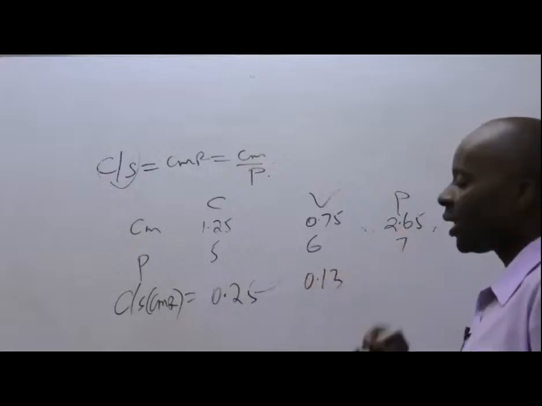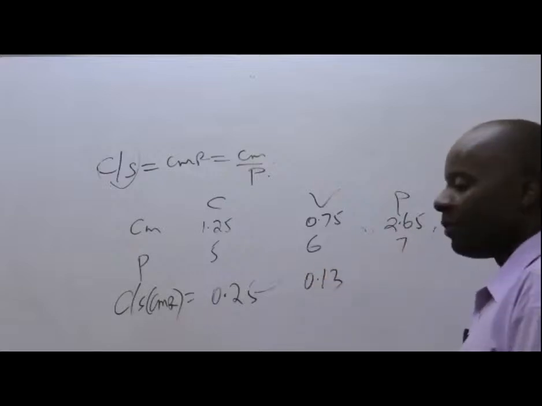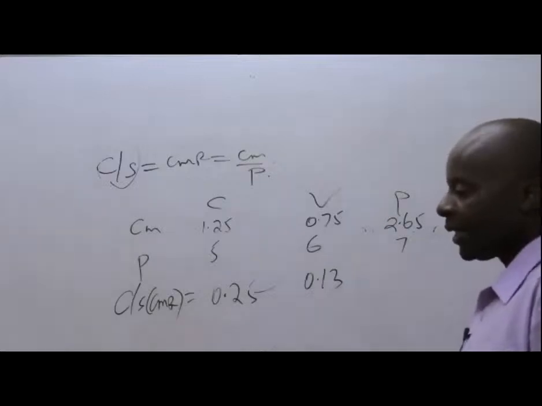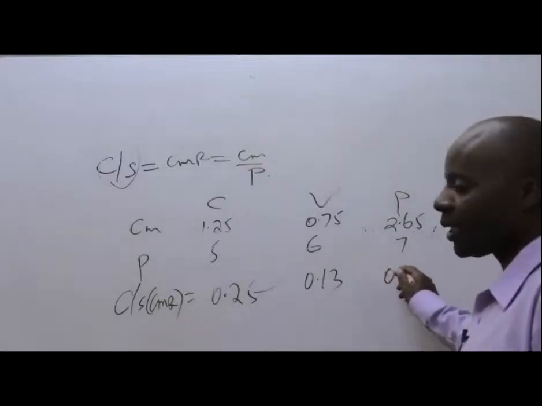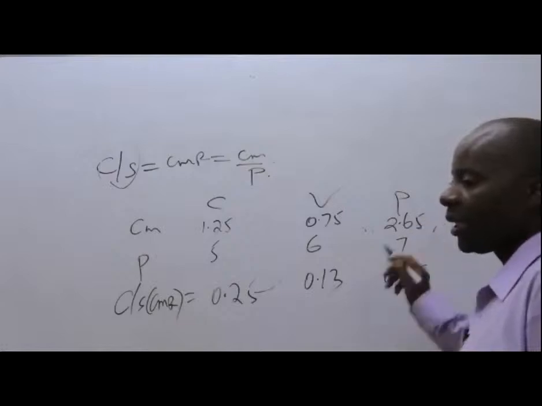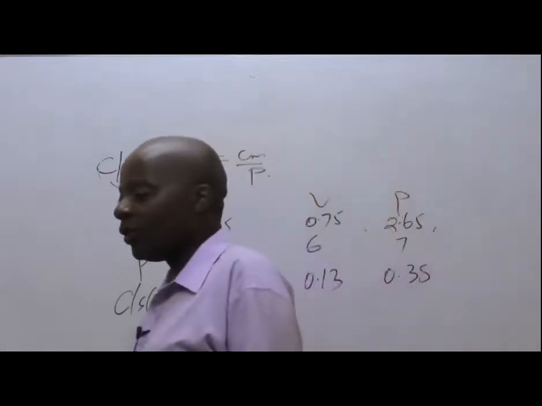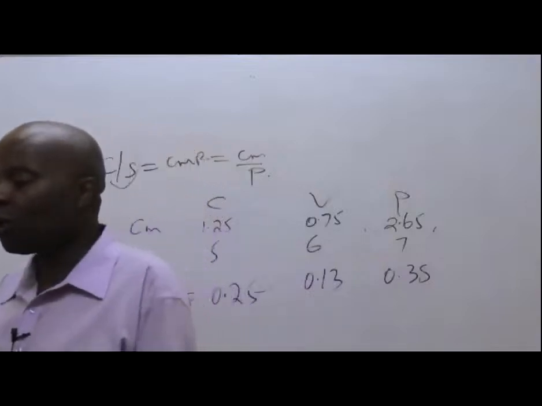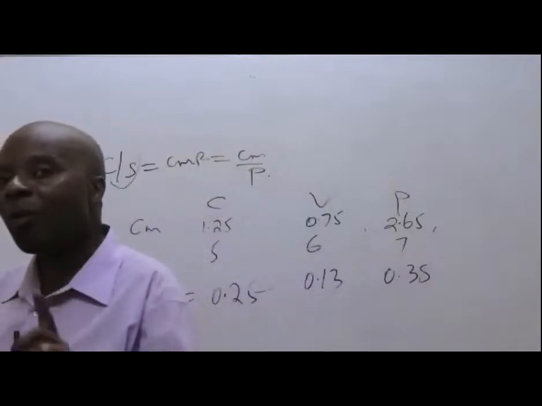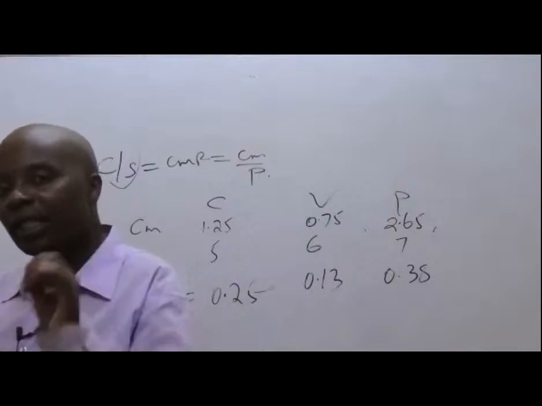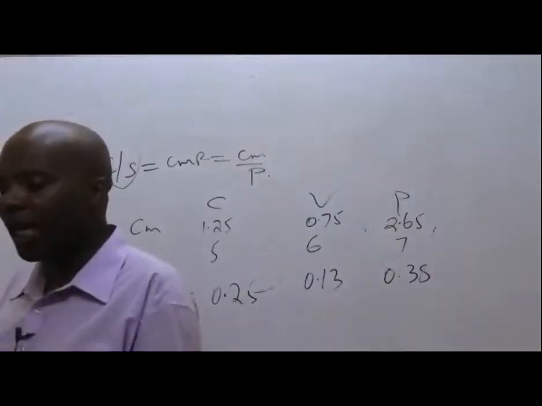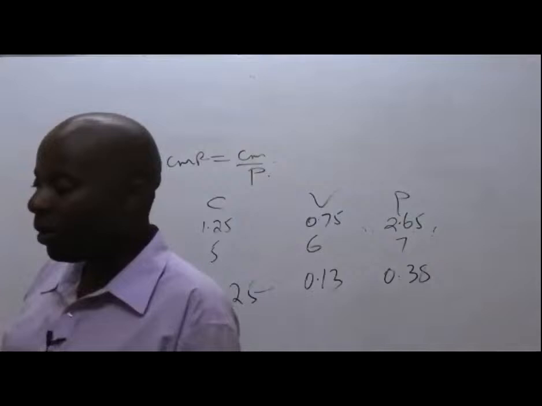The last one is 2.65 divided by 7. So this gives me 0.38. Thank you. So that is what we were required to do in Roman 1 to get the CS for each of our products.